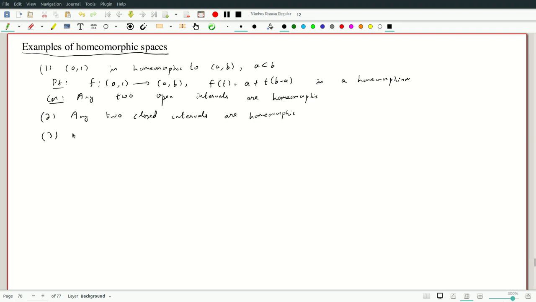And what about half open intervals? Well, it doesn't matter which side they're half open, any two half open intervals, as long as they're both exactly half open, are homeomorphic.